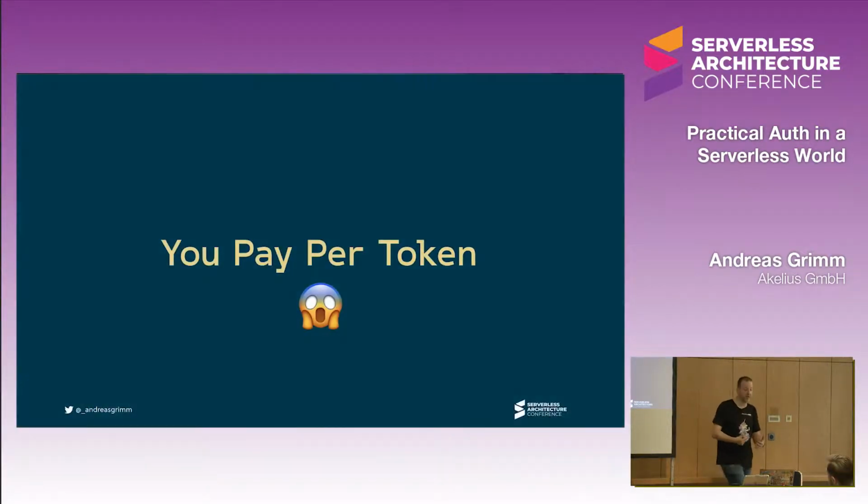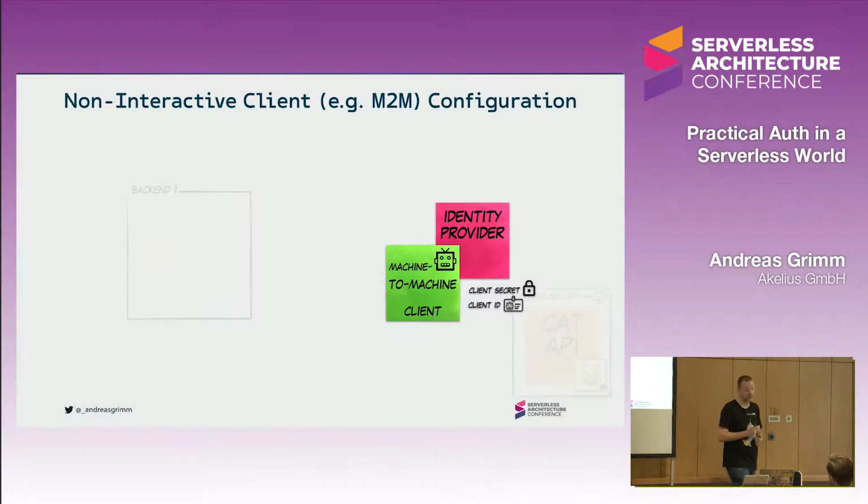And there we talk about machine-to-machine communication. And as I told you before, there we pay for every access token that we get. And it can get expensive if you do it too much. Or on the other hand, you can save a lot of money if you reuse your access tokens.